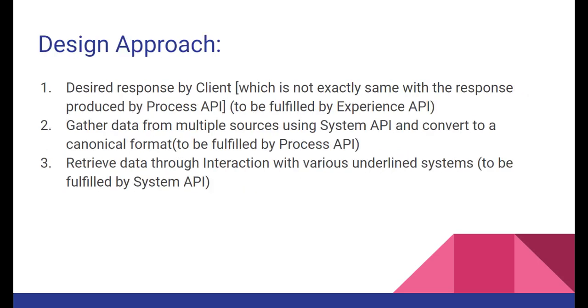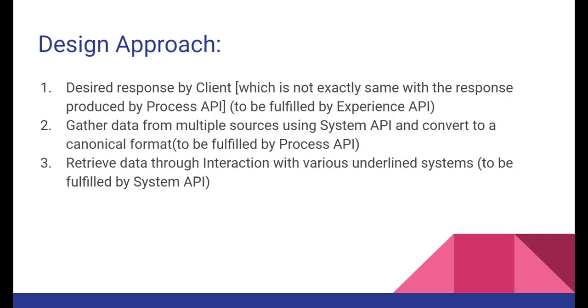So what is the design approach we are trying to follow? The desired response by the client is not exactly the same as the response produced by the process API, right? The process API will combine the data from the database as well as from the CSV file, and it will produce one canonical format. But as mentioned here, the client is not expecting that particular canonical format as a response.